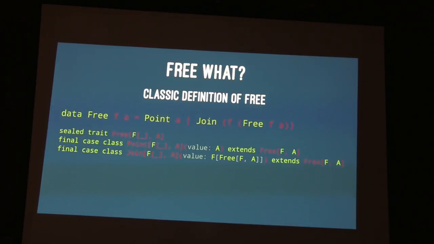So I can either take an A and lift it up into the free program, or I can do this operation called join, which is monadic join. But instead of actually doing the join and flattening the F of F of A into an F of A, I'm just storing it and saying, okay, deal with that flattening later. So it's a data structure that describes that sequential computation.